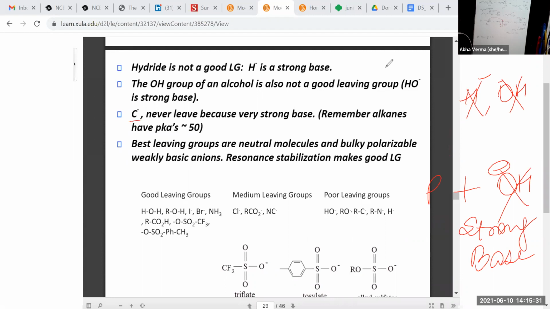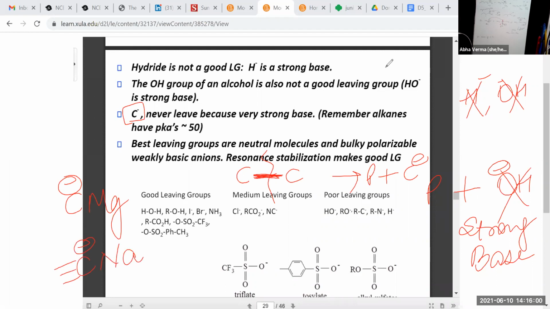C negative is also a strong base. You cannot break a C-C bond and think that a product and a C negative something will form. Not by breaking a C single bond C, never. We do have C negative charges, but with a metal ion, sodium ion, and so on.